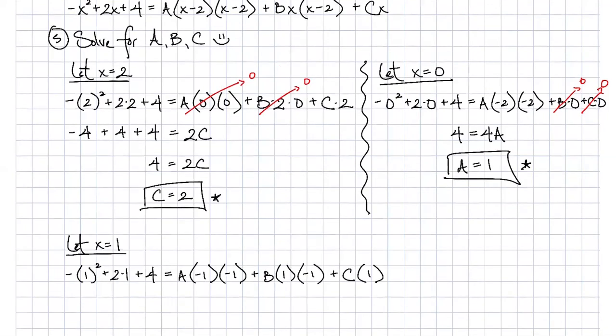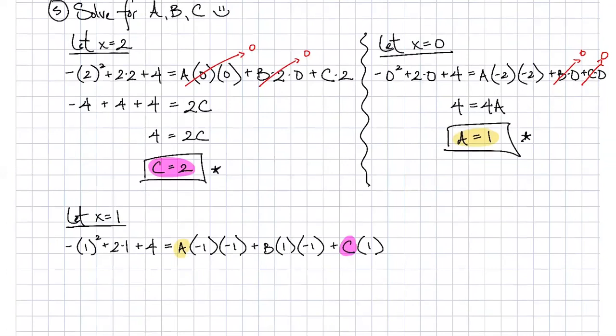And then those special substitutions we can make, everywhere I see a C, I can put a 2. And everywhere I see an A, which is right here, I can plug in 1. Okay, so there's like an extra substitution I can make. So let's clean up the left-hand side. We get negative 1 plus 2, which is 1, plus 4 is 5.